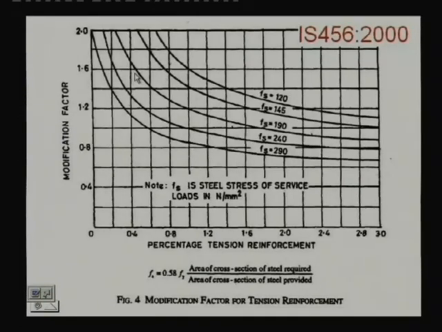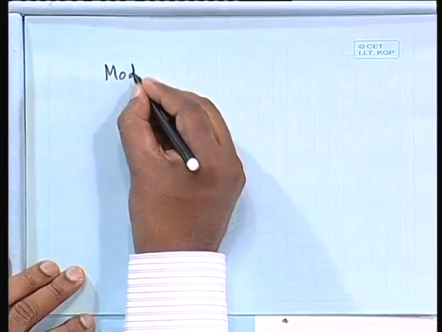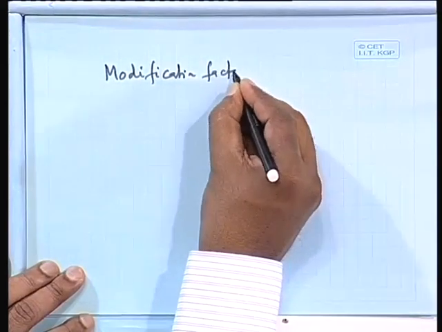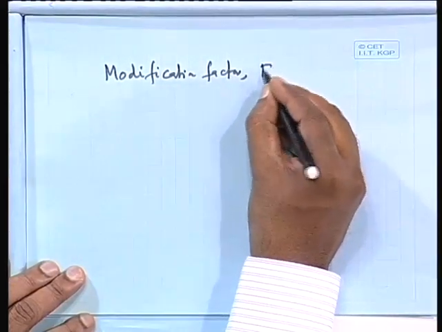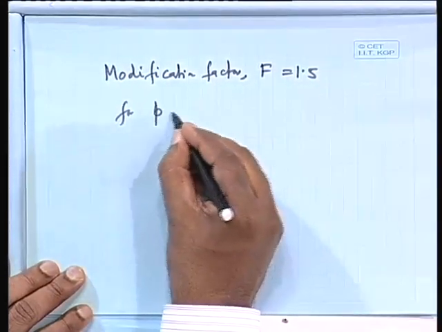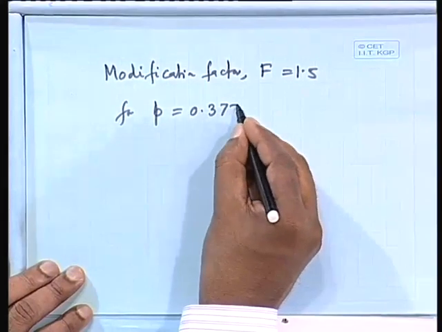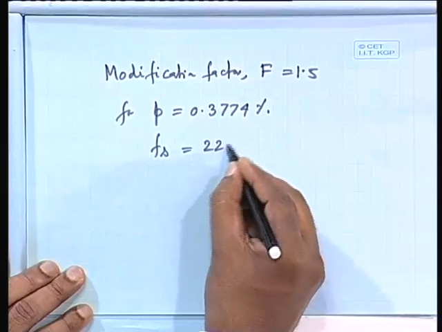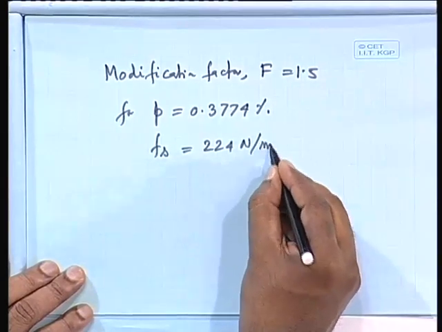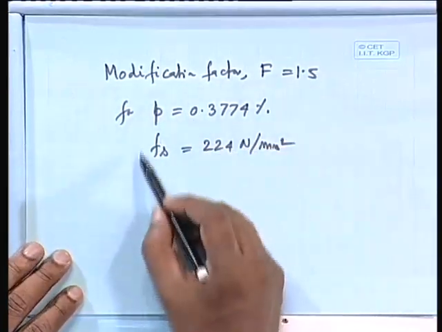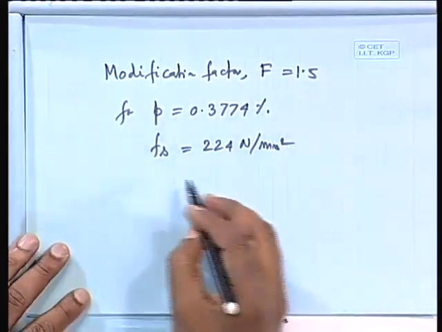So modification factor for P equal to 0.3774% and Fs equal to 224 Newton per square millimeter. So, that we can take it and we can find out that F equal to 1.5.